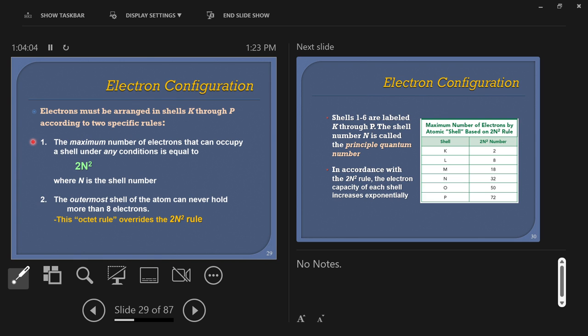How many more electrons do we need to grab onto? 6 more, right? So we need to add another shell. Oxygen requires an L shell. What's the 2n squared rule for shell 2, the L shell?